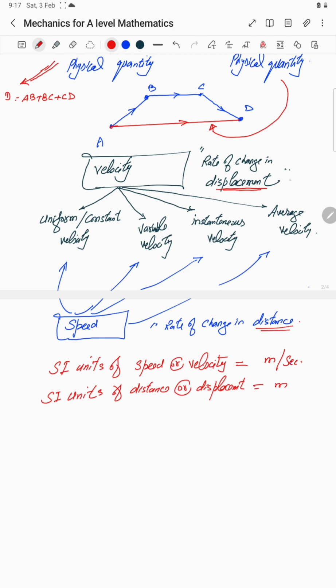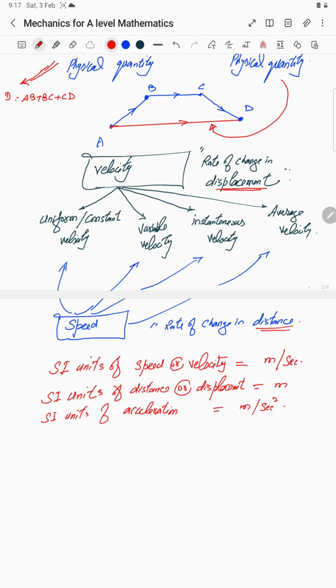And one more, the SI unit of acceleration is meter per second square.